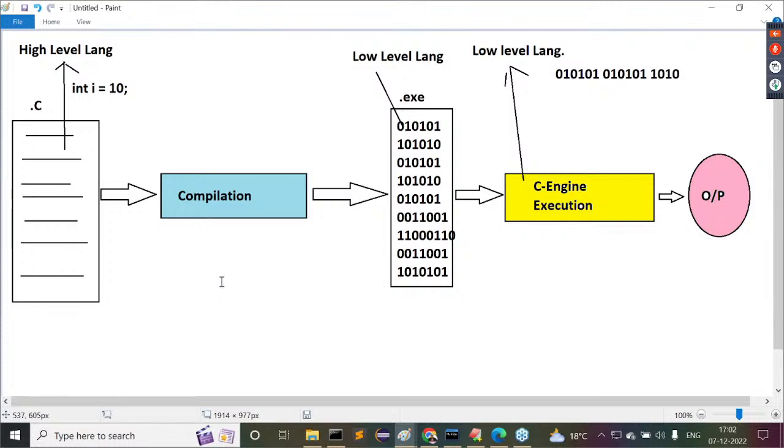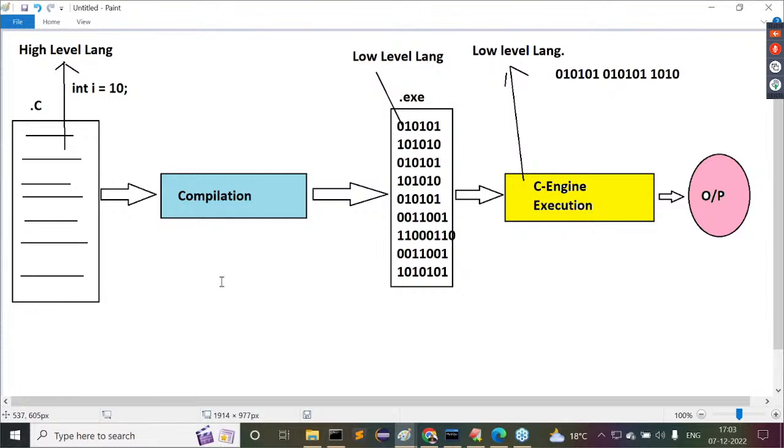Guys, I'm asking one question to all of you, now try to answer it. What exactly is the job of the compilation? As per the diagram, it is able to translate code from high level representation to low level representation. To translate the code from high level to low level representation, we have to use compilation. Got my point or not?